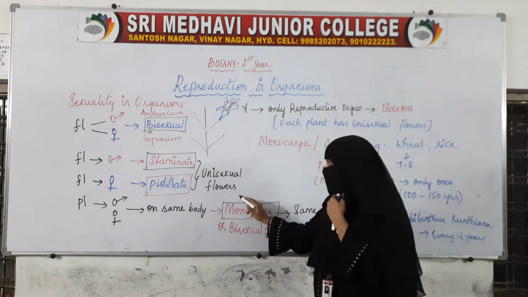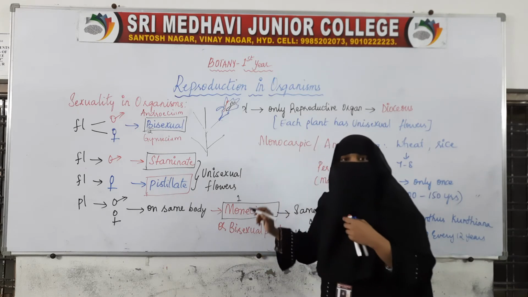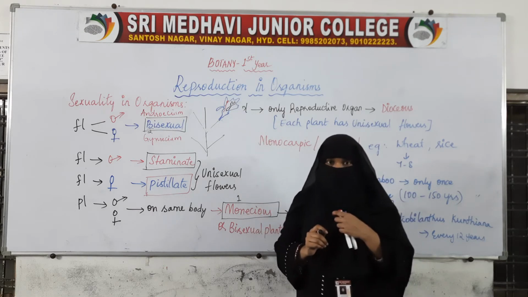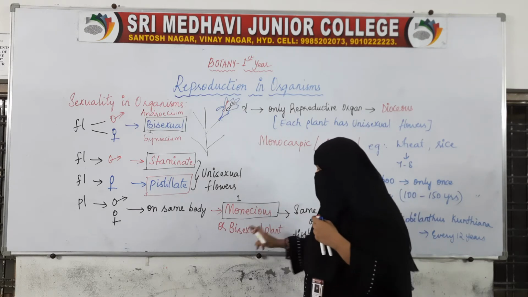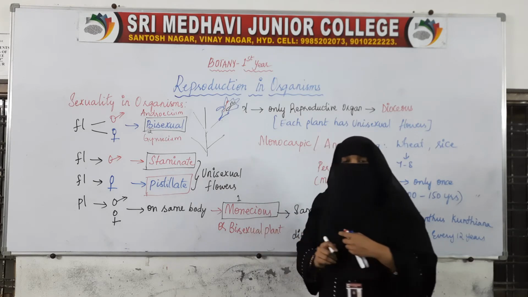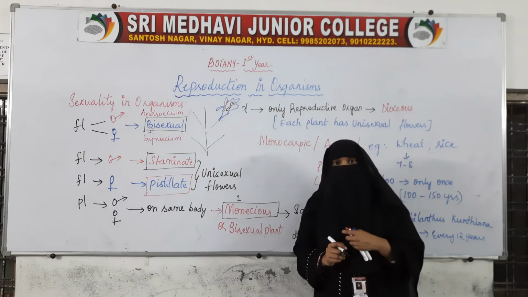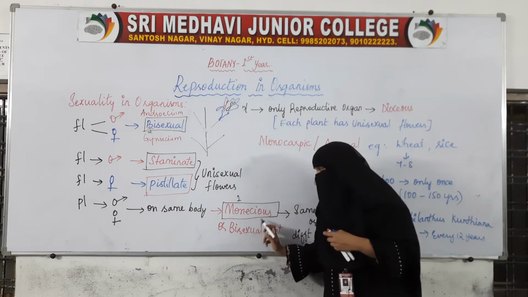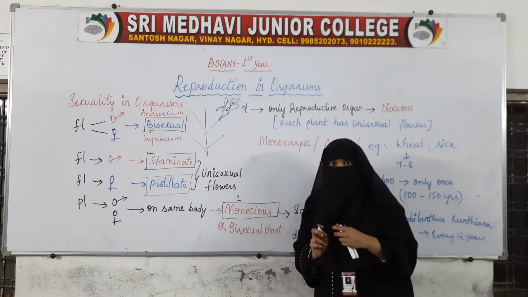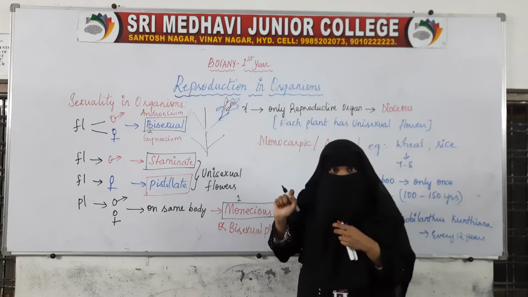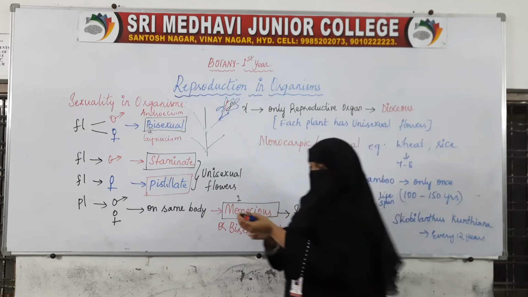Monoecious. Mono means one. On one single plant, both the reproductive organs are present. We can even call it a bisexual plant: monoecious plant or bisexual plant. Monoecious means on one single plant, both the sex organs are present. So both the sex organs can be on a single flower, or it can happen like this also.